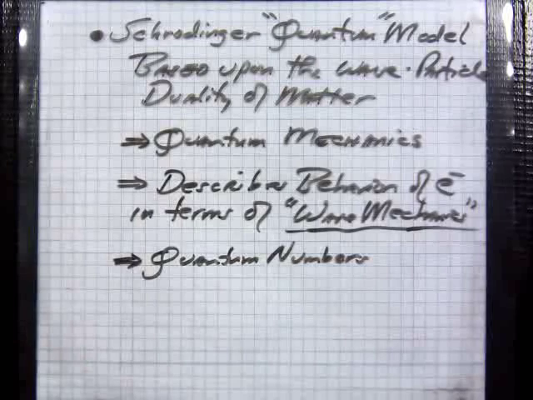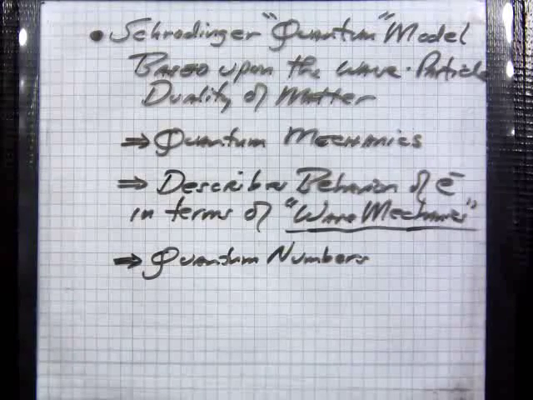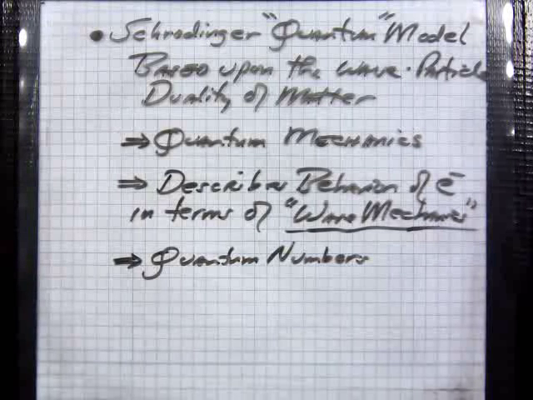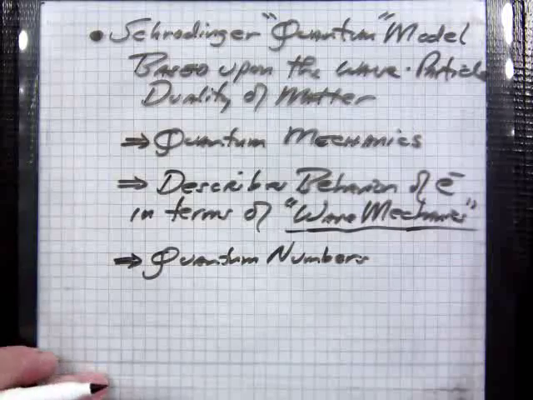Well, in describing what you need to know from this point forward, we'll use probably very little of the Thomson model and not much of the Rutherford model, a lot of the Bohr model, and a whole lot of the modern quantum model.